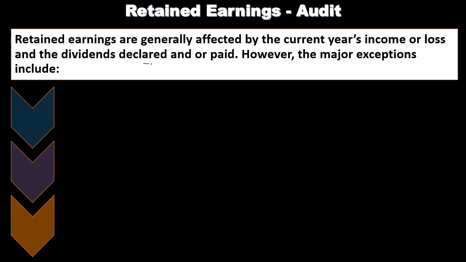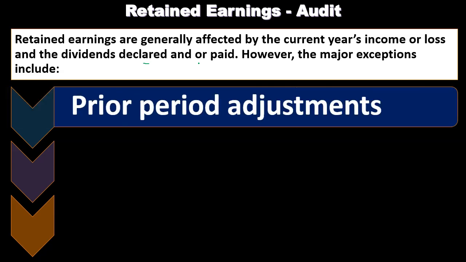Therefore, we're going to reduce the retained earnings. We're going to show a dividend in the equity section, and we're going to show that the company has a liability to the shareholders, because they have declared that they will indeed give that dividend. Then, of course, they'll pay the dividend at a later point in time, at which point they will credit cash, a decrease in cash, and reduce the dividend payable liability account.